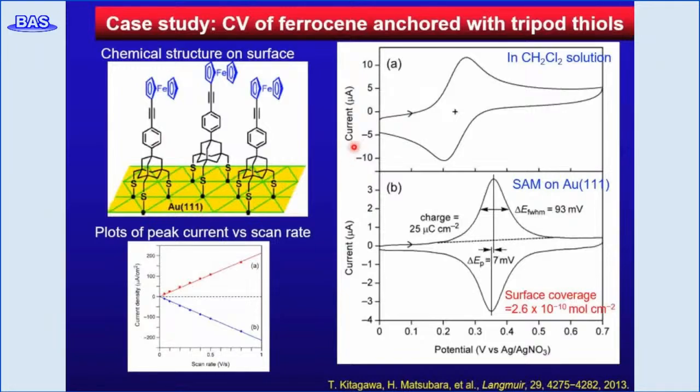Upon immobilization on the gold surface, the oxidation potential shifted towards the anodic direction with a peak half-width of 93 mV, close to the theoretical value. A linear relationship between peak current and scan rate was observed, indicating the characteristic of adsorption waves. The charge value also indicates that the molecules are densely packed on the surface.